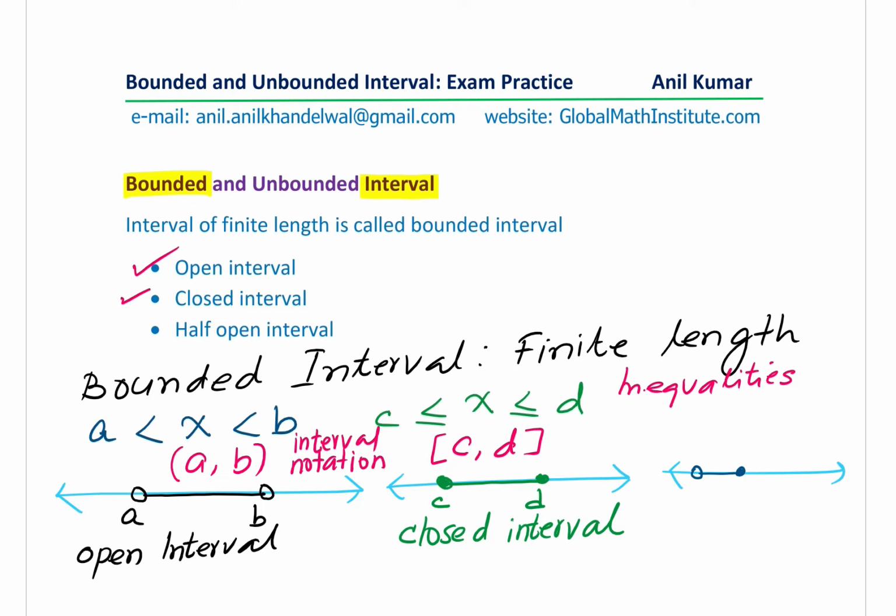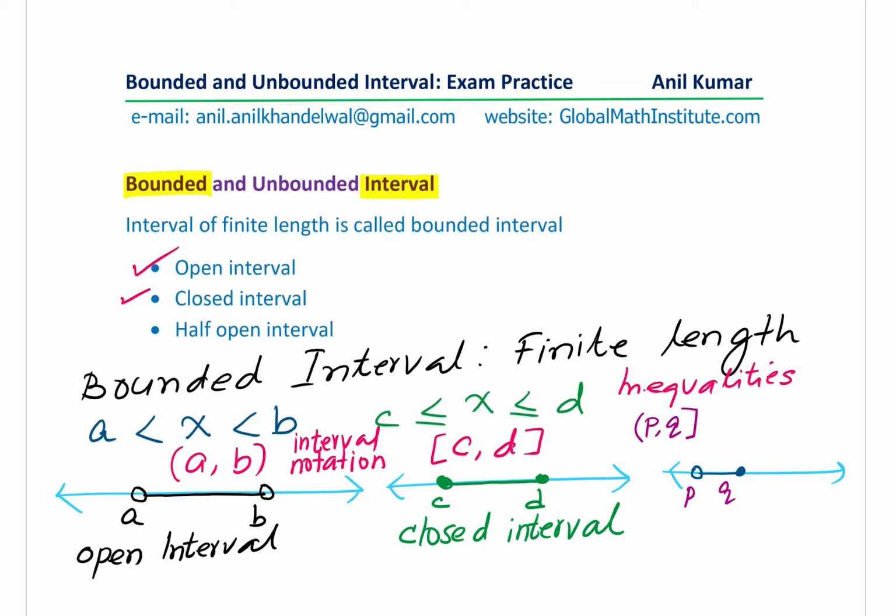So that could be an interval in which one side is included. So let's say these points are P and Q. Then we could write this as P to Q, where Q is included.